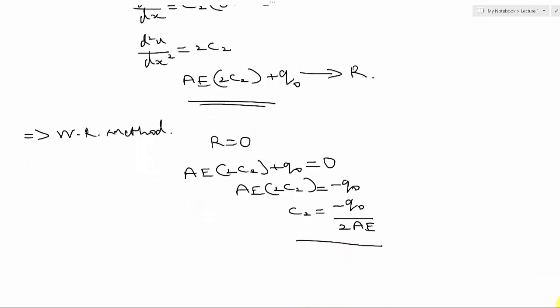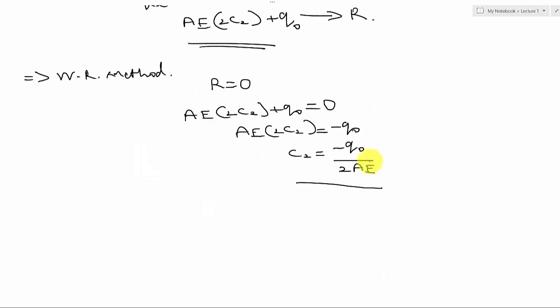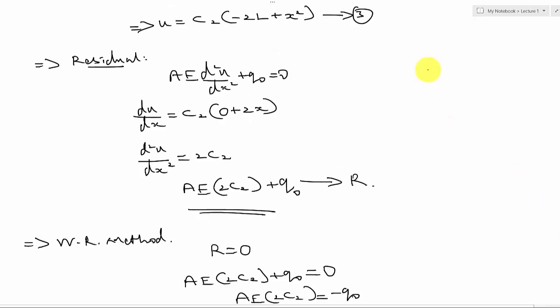And we know that after calculating the constant value we will substitute the constant in the trial solution. So I'm going to substitute the c2 value in the previous trial solution, that is in the third equation. Okay, so here this is our third equation, that is c2 times minus 2L plus x square.